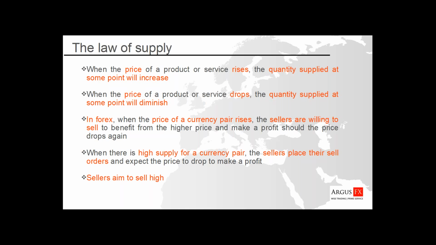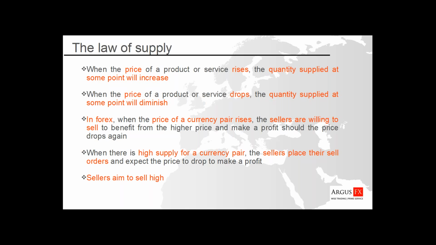In Forex, when the price of a currency pair rises, the sellers are willing to sell. So they expect that when a currency pair hypothetically reaches a very high level, they can sell it to make a profit. Therefore, when there is a high supply for a currency pair, the sellers place their sell orders.